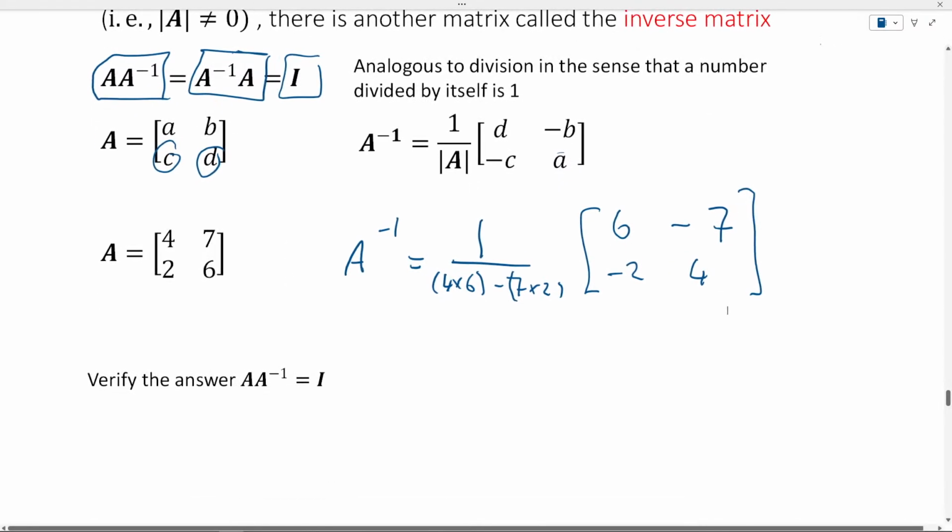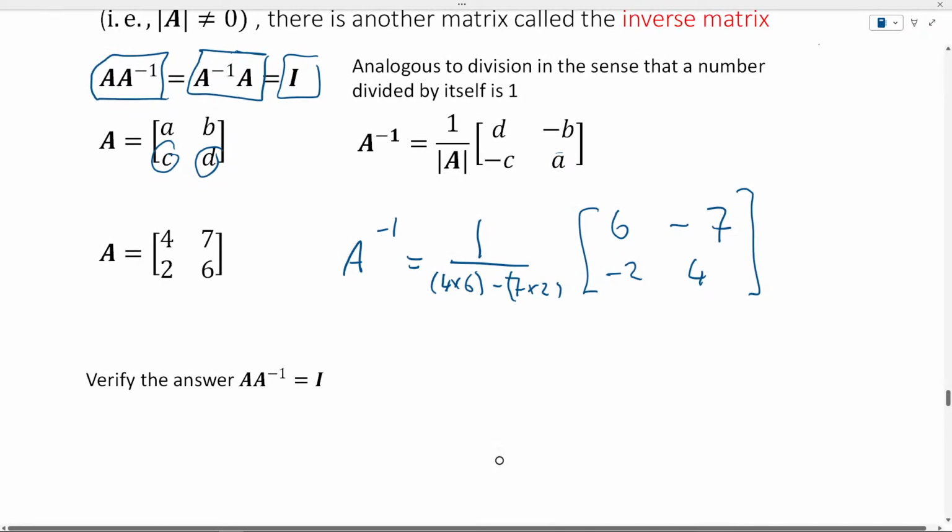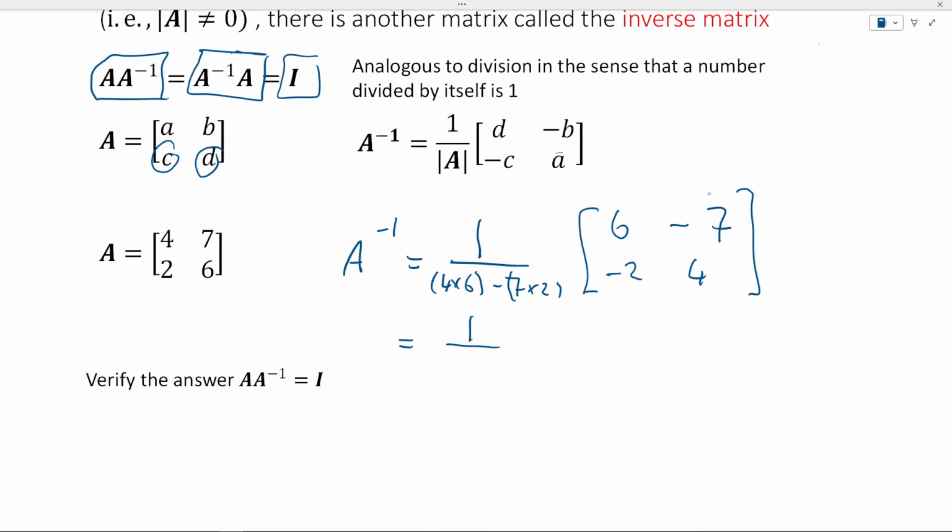So can I do this? Yes, I can. So that would be what? So here that would be 1 over, so this is 24 minus 14. So 24 minus 14, that's 10.